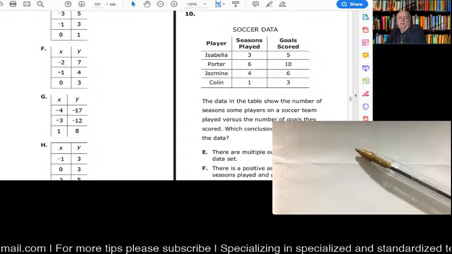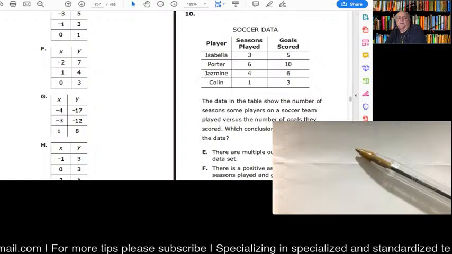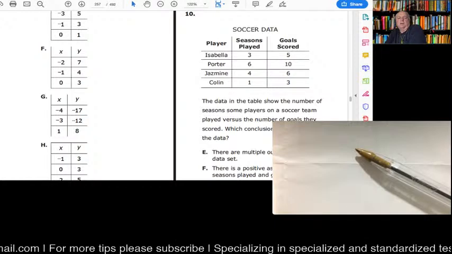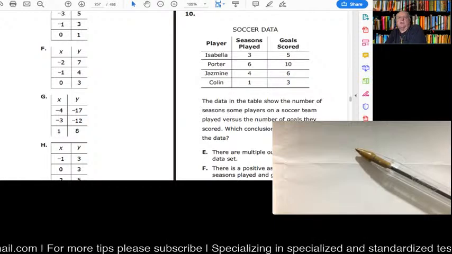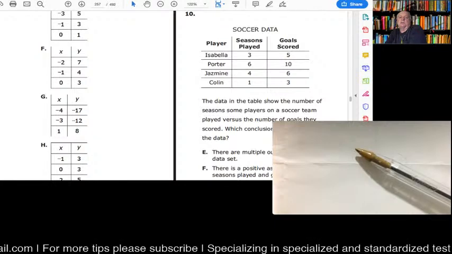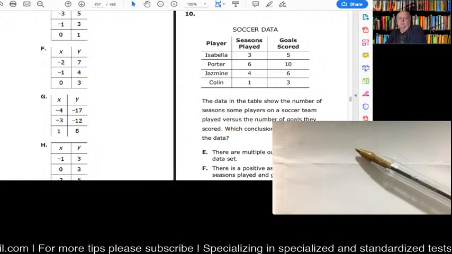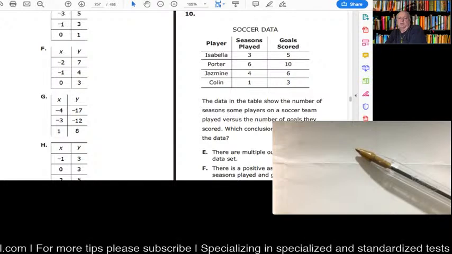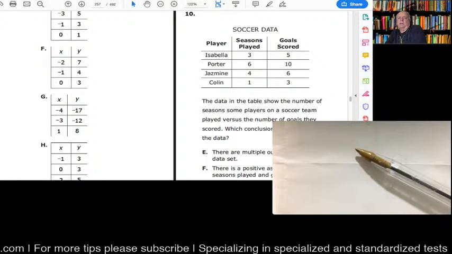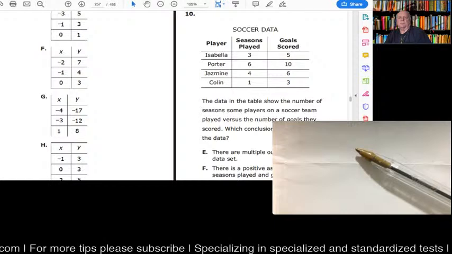And there may or may not be a pattern there across the numbers if we order them. Everybody has about 2 times the number of goals per season played. So it's about seasons played times 1.75 or something. Although Porter has about the same thing too. And Jasmine has exactly 1.5. All right, so I'm over analyzing the data at this point.